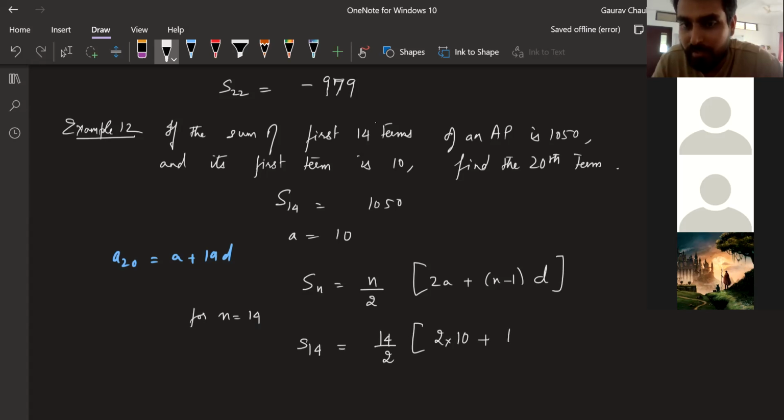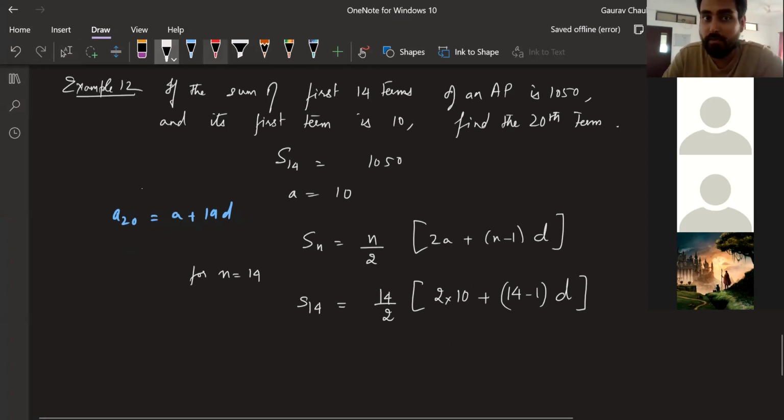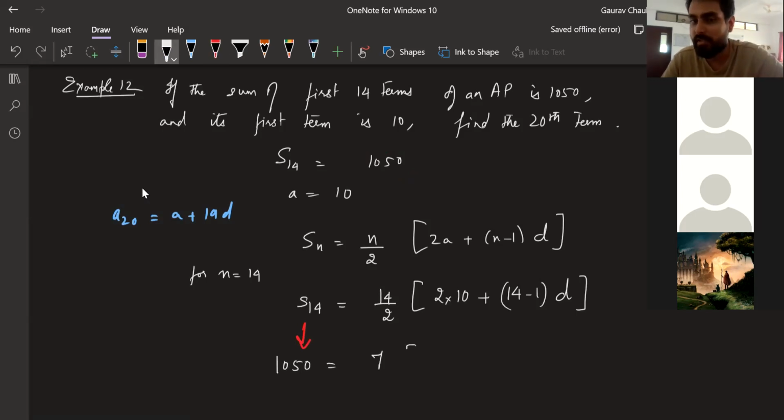You can do that mentally also. Now, in this also there are two unknowns, but 1050 is known. So in place of S14, you can write 1050 is equal to 14 by 2 is 7, into 20 plus 13D. Bindu, can you find D from here?